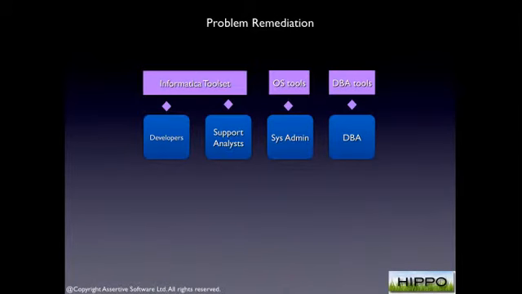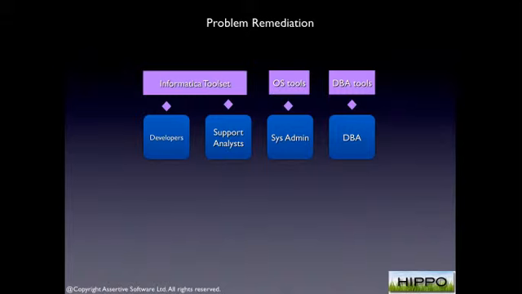Let's look next at problem remediation. This is a situation where you have an overnight issue, and your Informatica support analysts and your Informatica developers, your system administrators and your DBAs get together to solve the problem. As you can see in the screen, they use different sources of information as the basis for their analysis and for their recommendations.